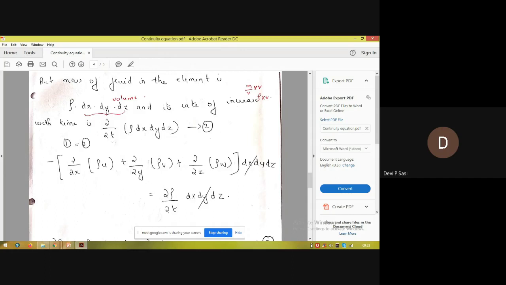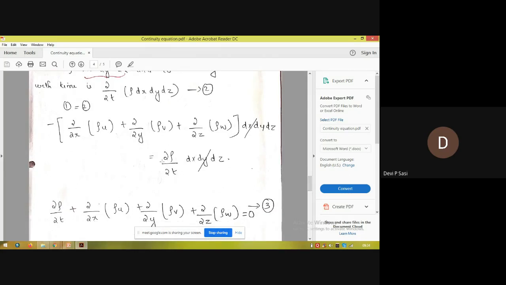From this term, you can take the rho outside. Then in the first term also, in equation 1, there is dx dy dz, so both of those get cancelled. Now what's the remaining term?